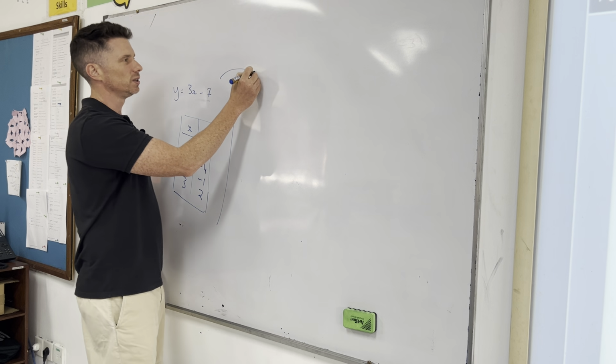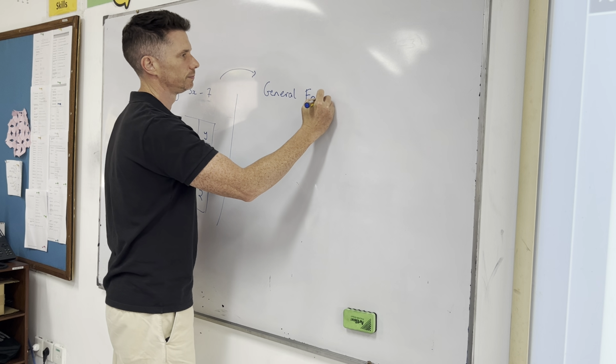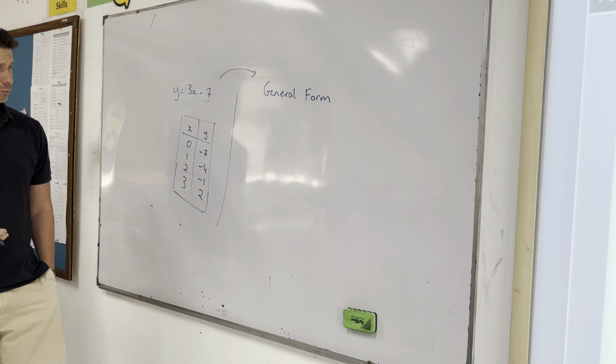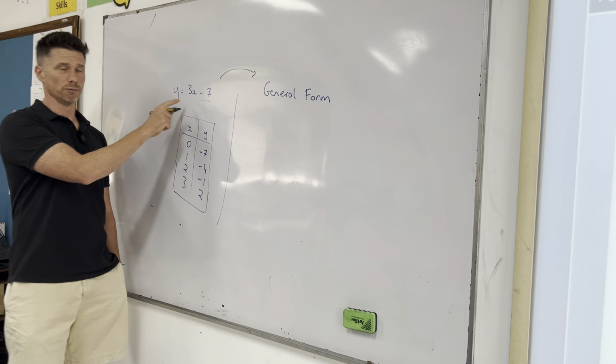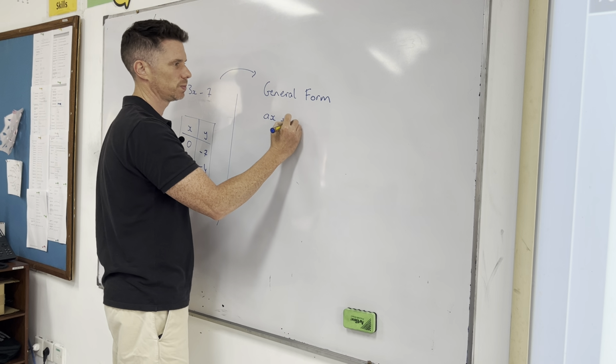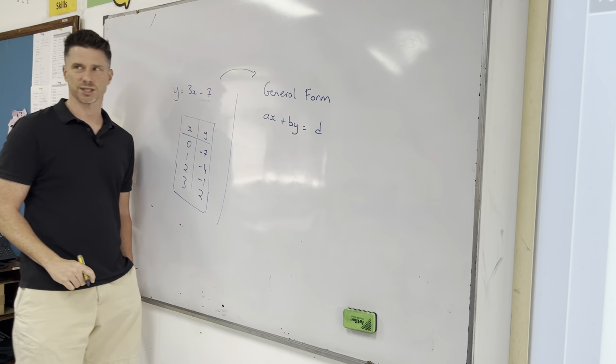There is something called the general form of a line, which is a different way of arranging this. The general form looks like ax plus by is equal to d. They don't use c because this is not the y-intercept anymore.